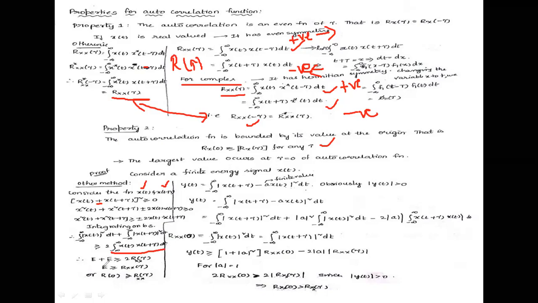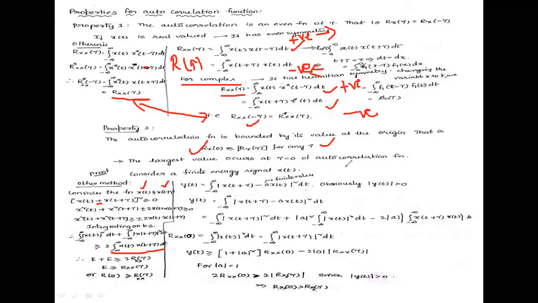What is the E? When you substitute tau equal to 0 in either of these functions, it becomes x of t, x star of t, the squared magnitude of x of t at tau equal to 0. Means Rxx of 0 is equal to E, or Rxx of 0 is greater than or equal to Rxx of tau.